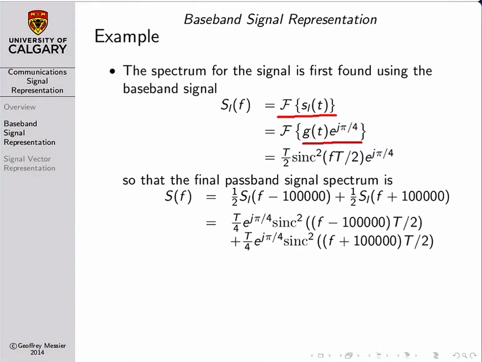Using any Fourier transform table, you can see that the Fourier transform of a triangle is a sinc squared spectrum. And then the passband spectrum is just 1/2 multiplied by the baseband signal spectrum centered at plus FC, and the baseband signal spectrum centered at minus FC. And then you just get that term there.